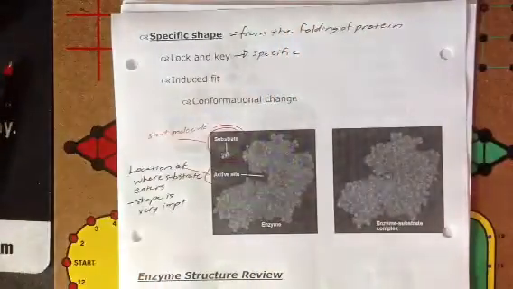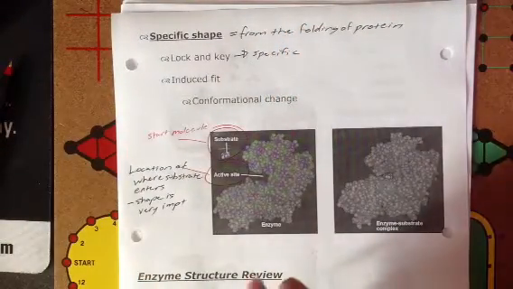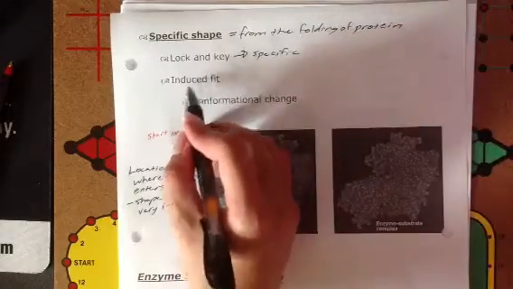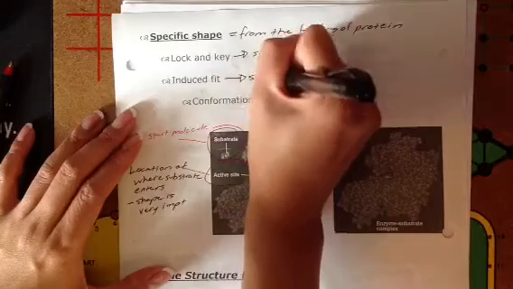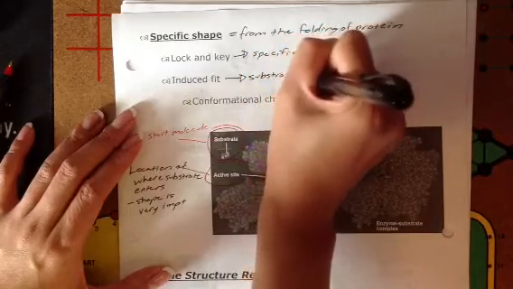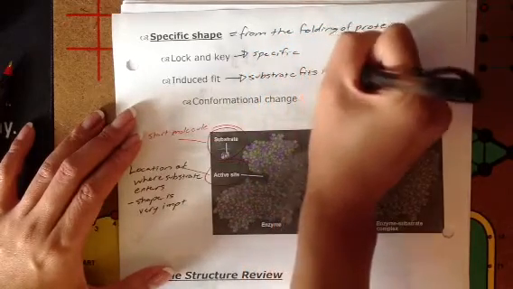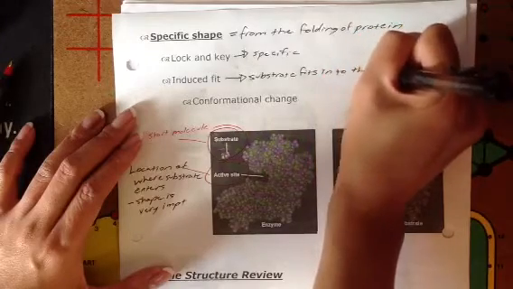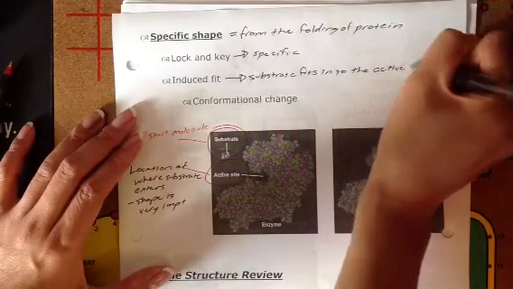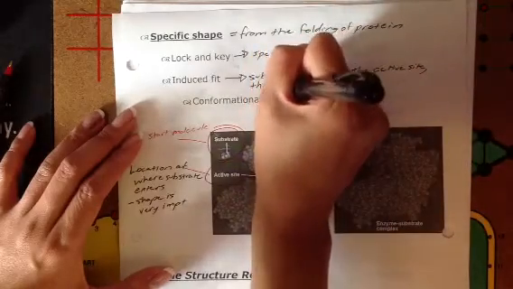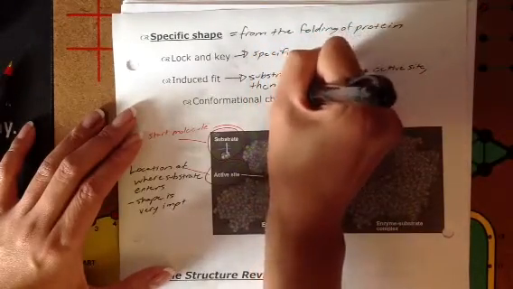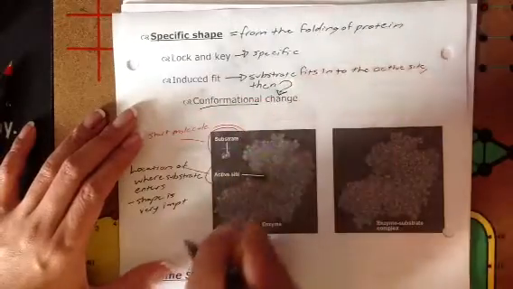But now we've learned more about enzymes, and we actually realize that there's an induced fit model. And what this means is that the substrate fits into the active site, and then we have a conformational change.